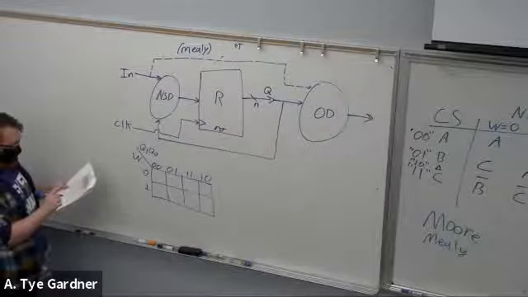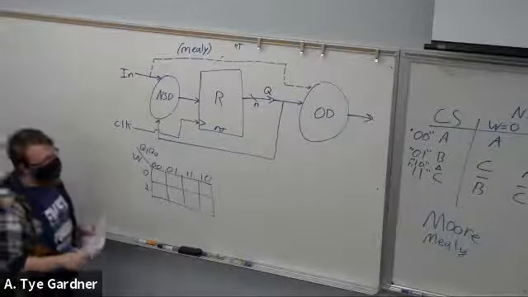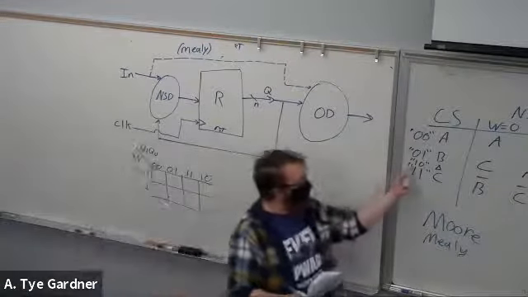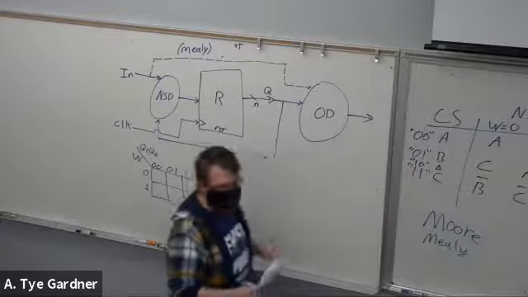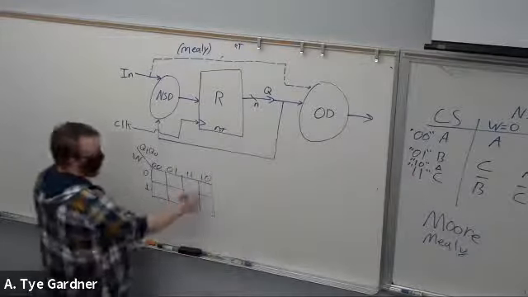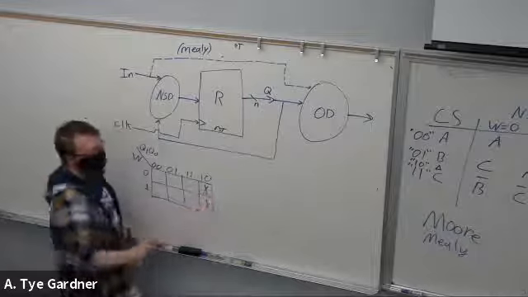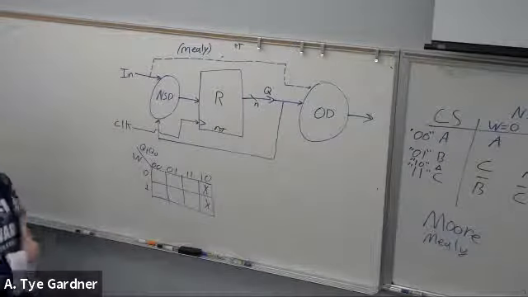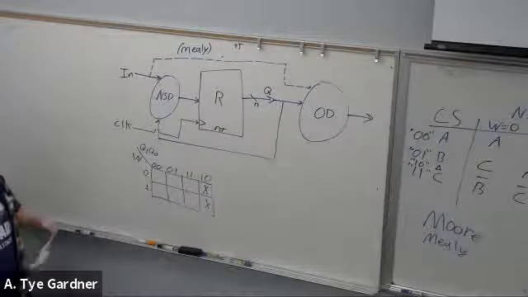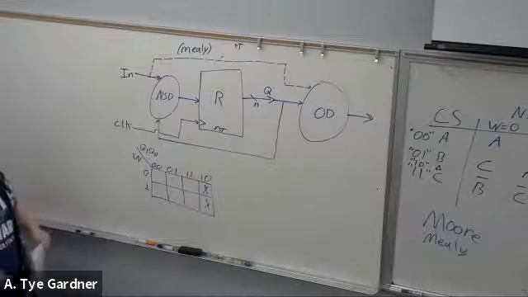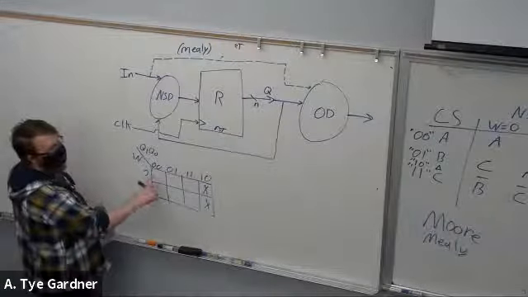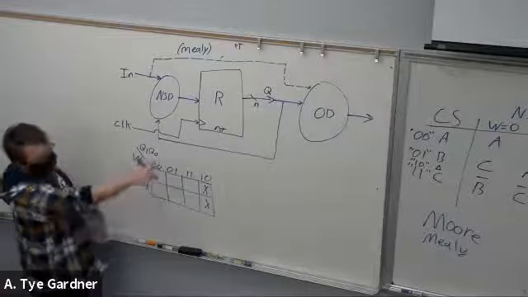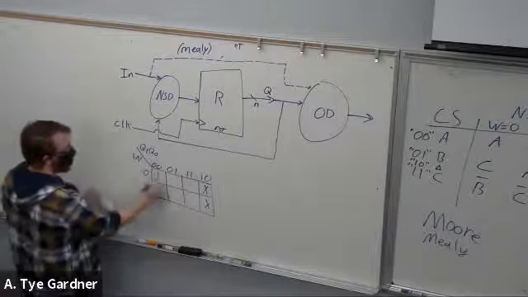Okay. Now I said in the case of if my Q is 1, 0, I just don't care what my output's doing. Other than that, I can just go in and start filling it in. Well, if it's 0, 0, 0, I get a 1.